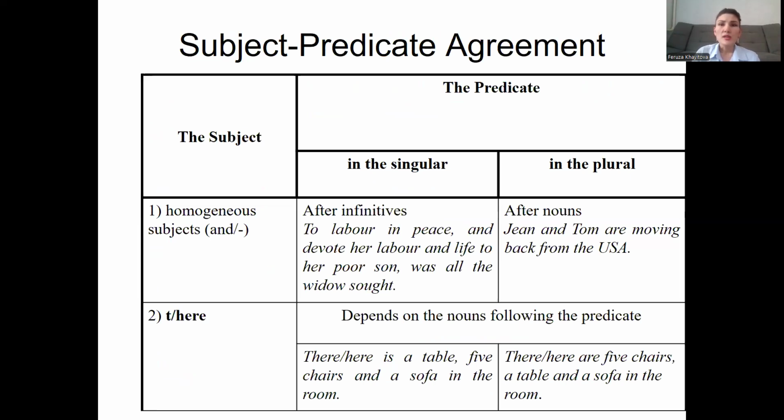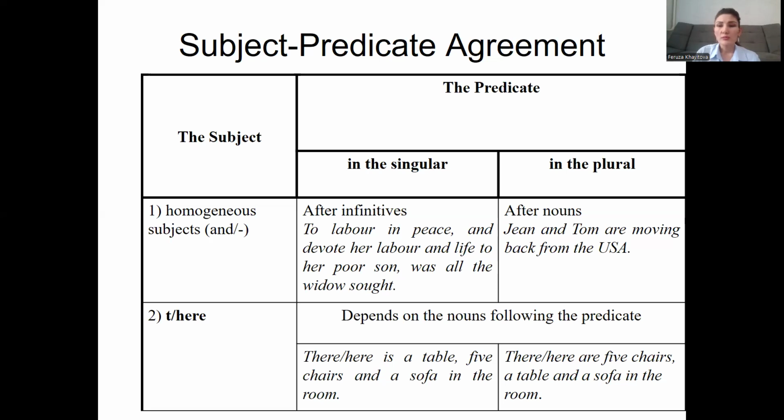Next, subject-predicate agreement. The predicate will be in the singular or in the plural. With homogeneous subjects and after infinitives: to labor in peace and devote her labor and life to her poor son was all the widow sought.